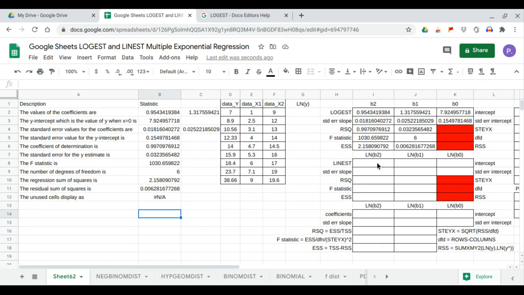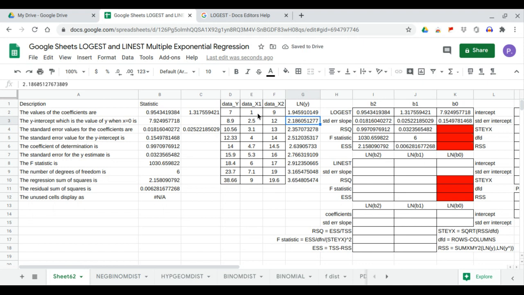You can use LINEST in this. So we use LINEST. To do that, we have to linearize our dataset by converting the y values. We use array formula of the ln of the y values.